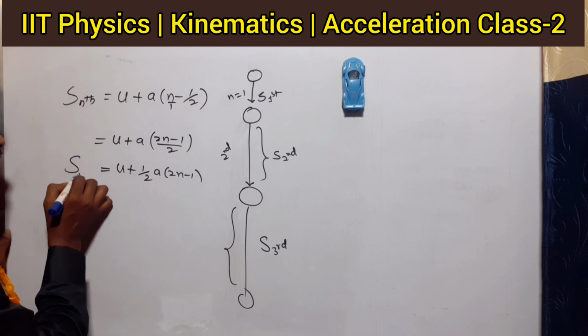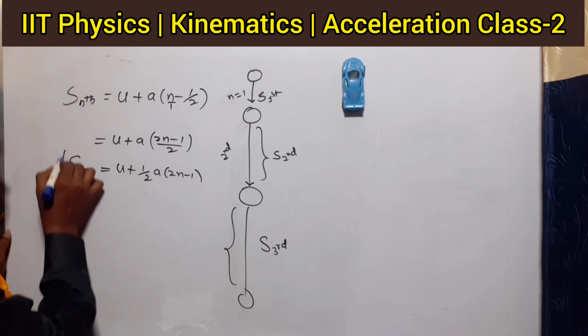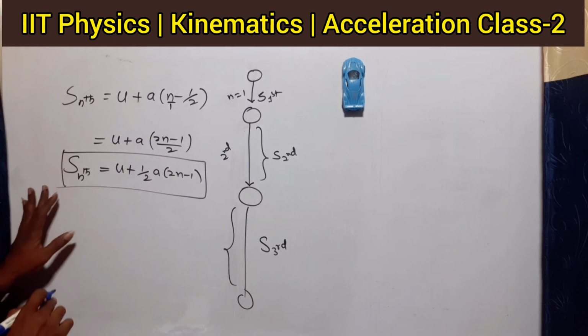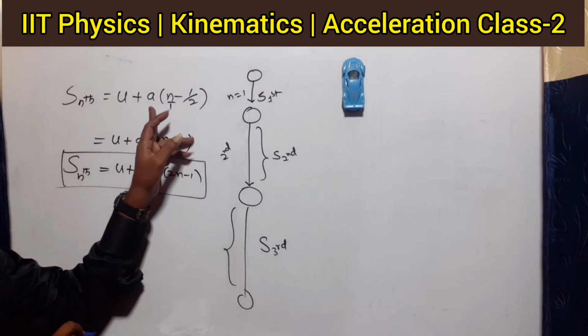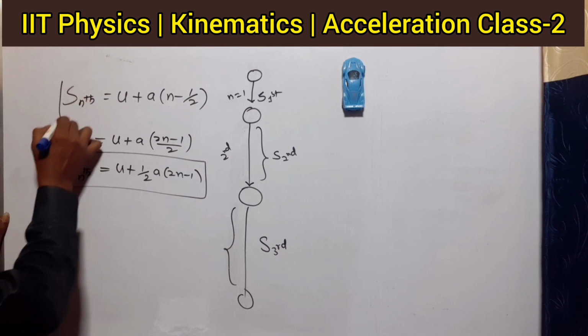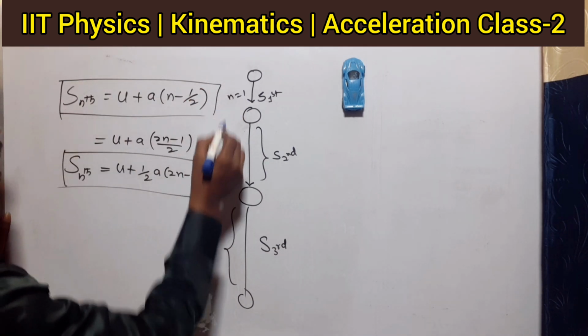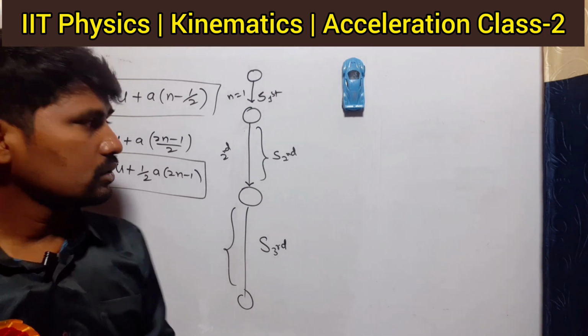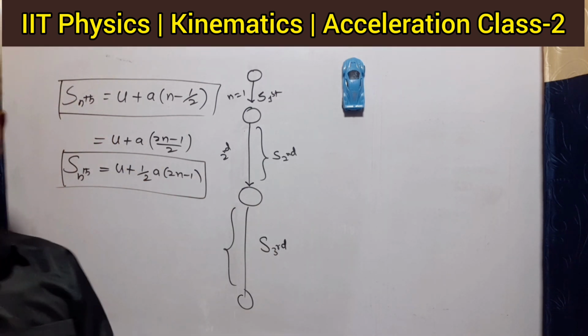This is also the nth second formula. Both are nth second formulas only. If you multiply the half inside, you will get the first equation. Both are the same expressions, so you have to use this formula in this situation.